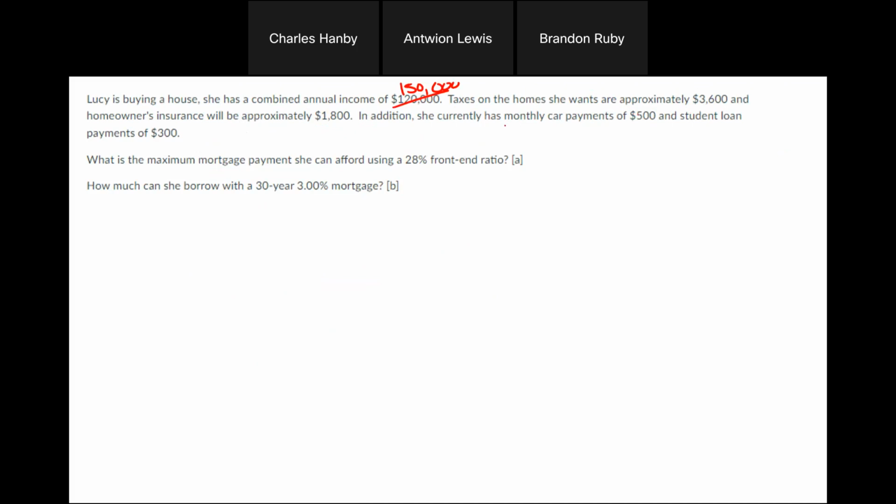In addition, she currently has monthly car payments of 500 and student loan payments of 300. What is the maximum mortgage payment she can afford with a 28% front end ratio? And how much can she borrow with a 30-year 3% mortgage? You can tell that this question was old because we don't have 3% mortgage rates anymore.